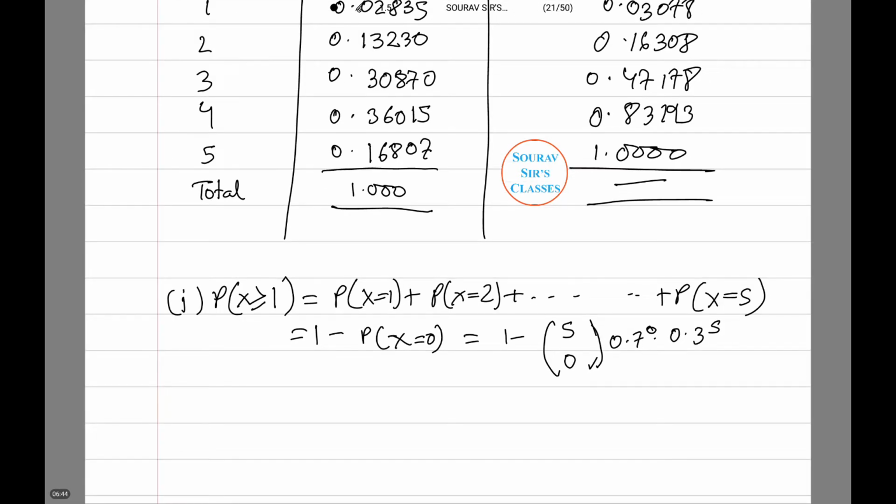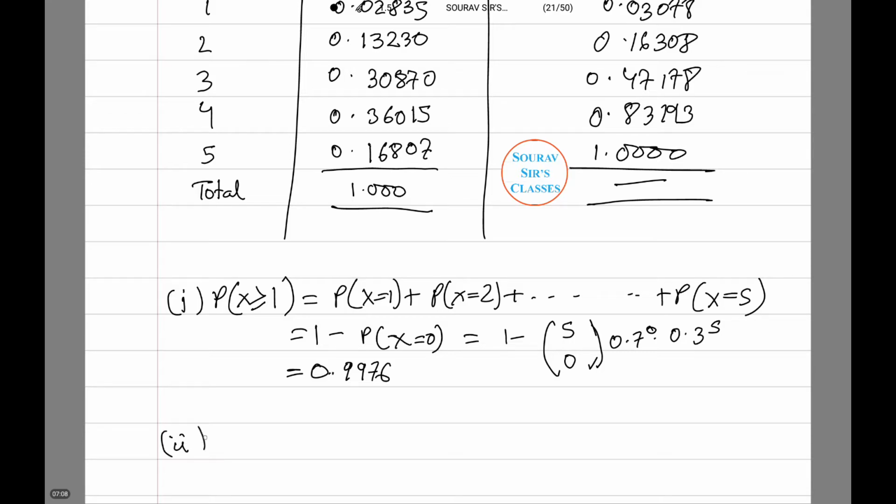Now the value comes as 0.9976. Note that instead of calculating probability X equals 1, X equals 2, up to X equals 5, we use the complement rule to obtain the required probability here. It is faster and easier to calculate.